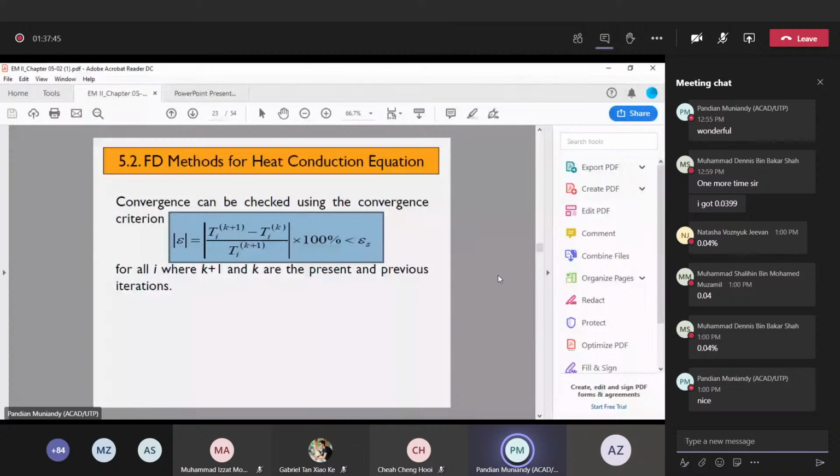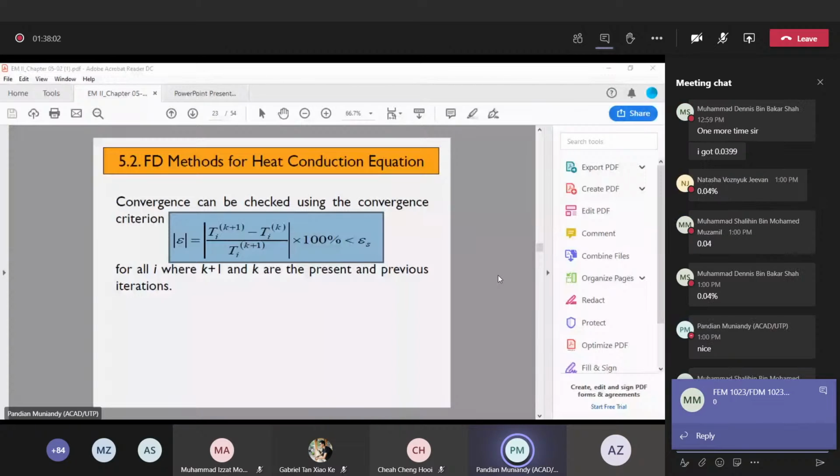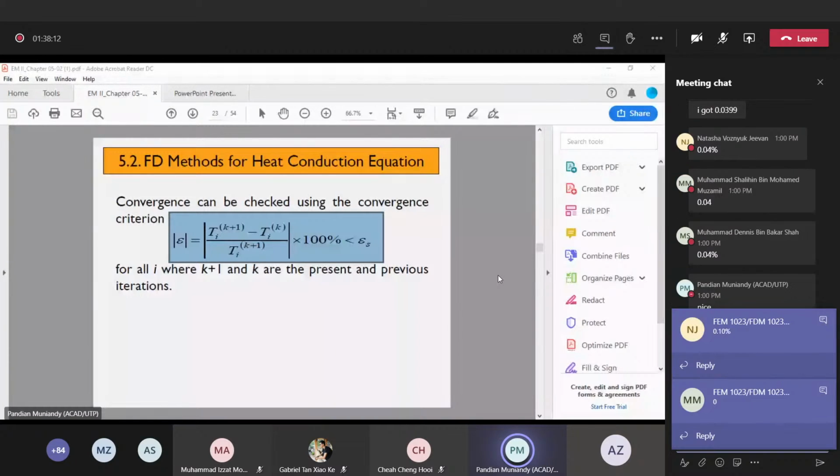Using this formula, you calculate 0.04019 minus 0.04015 divided by 0.04019 multiplied by 100%. One decimal place.